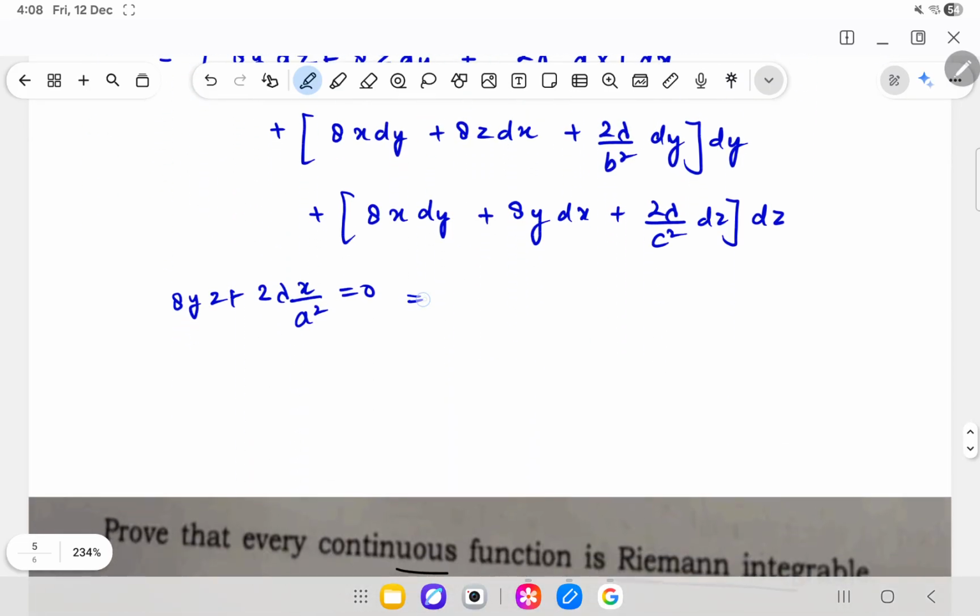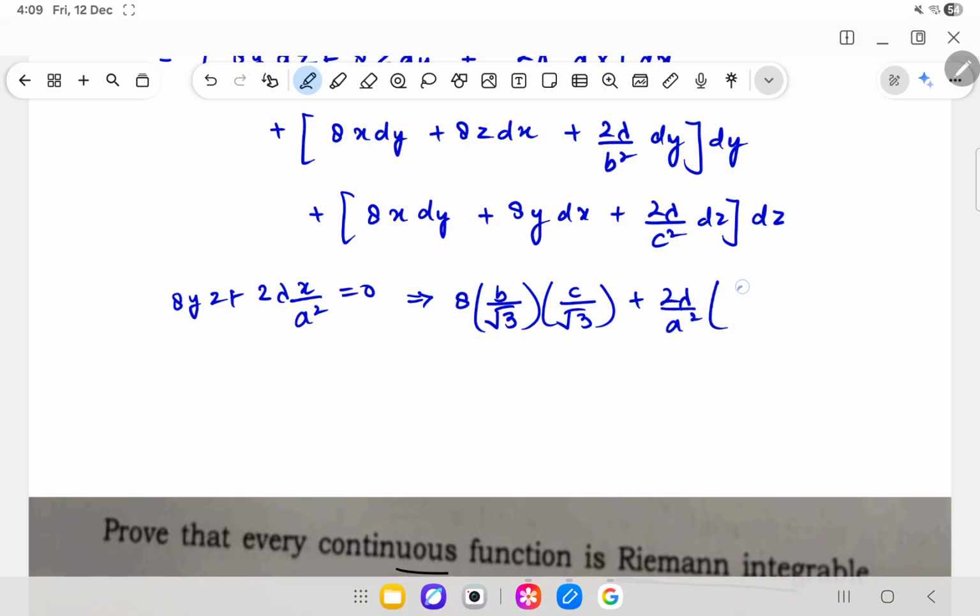So from here I'll get 8 times y, which is b by square root of 3, times z, which is c by square root of 3, plus 2 lambda by a square times x, which is a by square root of 3, equals 0. So from here I'll get my lambda as minus 4abc divided by square root of 3. This is the value of lambda.